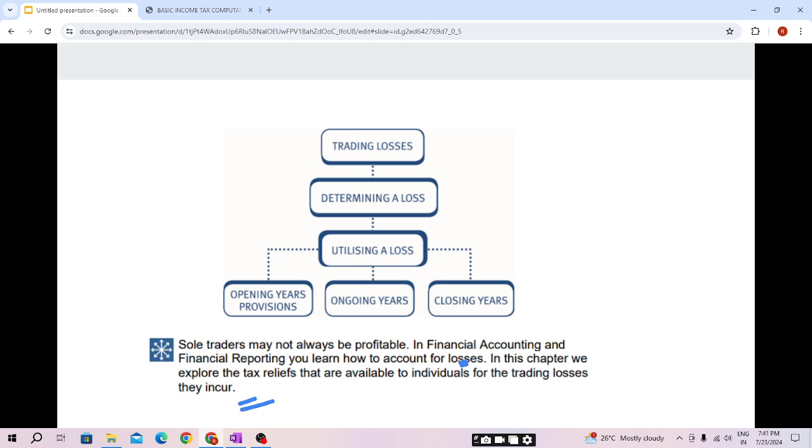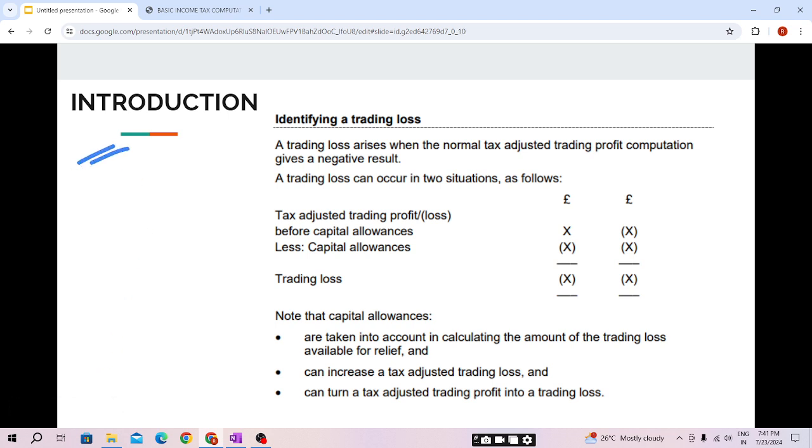But when coming to the tax rules, we have tax reliefs available for claiming the trading loss. Now moving to the introduction of this chapter and important points.